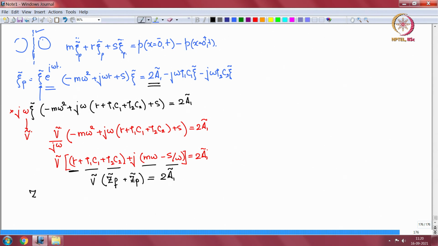So Zf tilde is the fluid impedance, which is rho 1 c1 plus rho 2 c2, and Z tilde partition is r plus j m omega minus s over omega.